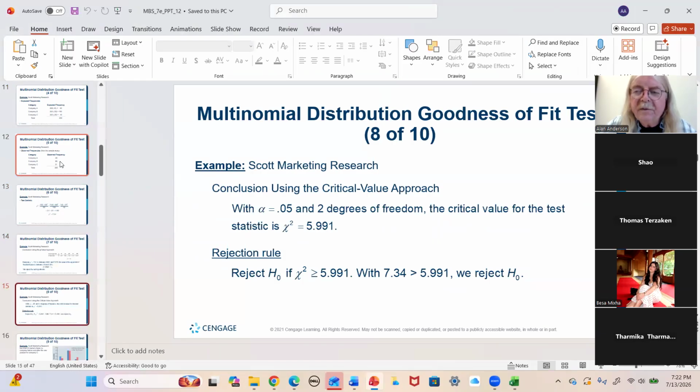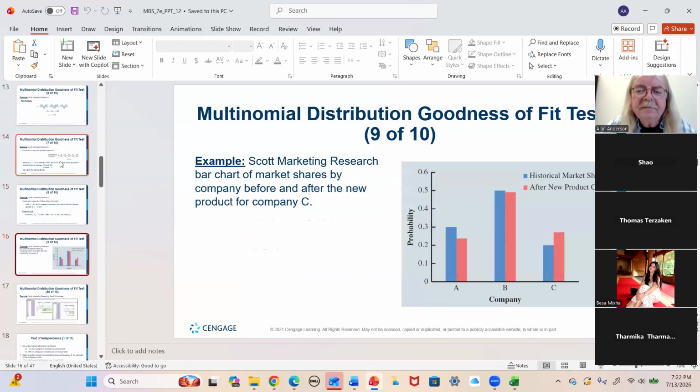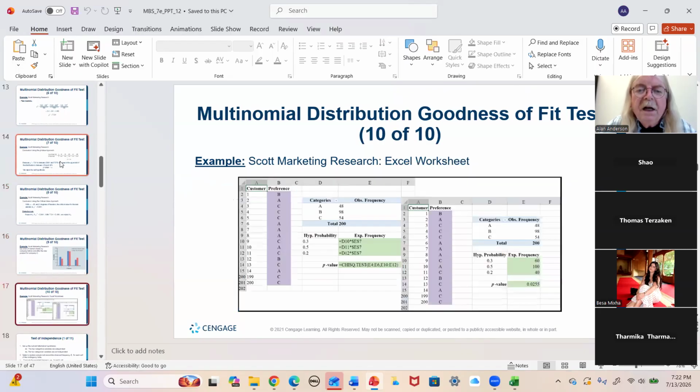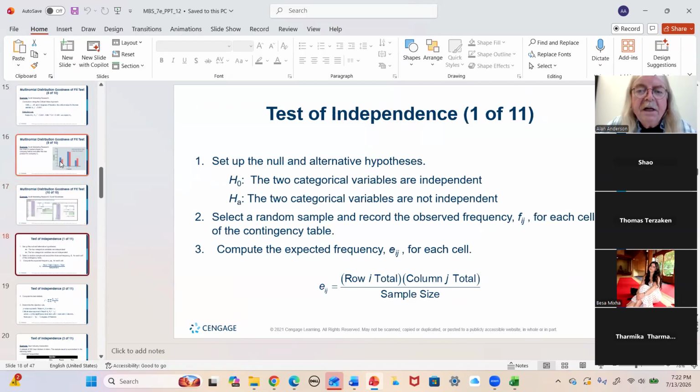See, now they're using the wrong numbers. I mean, we got the right test statistic and the right critical value. They've unfortunately got the typo in there that ruined the whole thing. Now, there is an Excel spreadsheet for this, and we will do it, but maybe just not right now. Okay, so we're moving on to the next one.